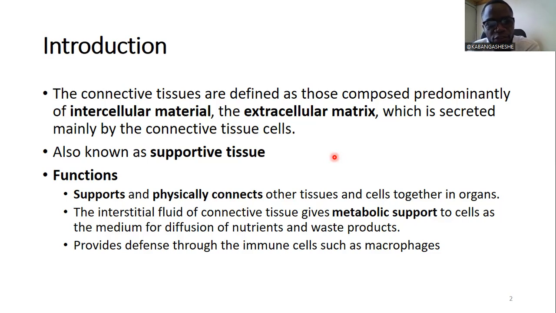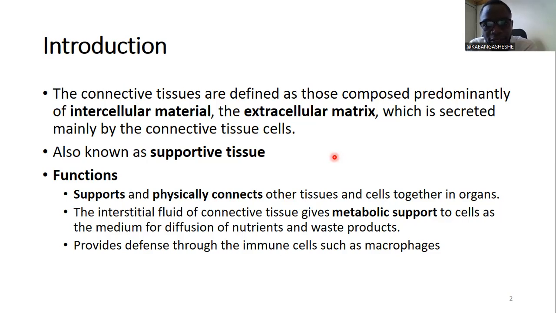But in this tissue, cells are wide apart. Therefore, the space in between cells is significant. In epithelial tissue, the space is very minute, but here the space is wide, and that space in between cells, we call it the extracellular matrix. If you like, you can call it interstitial space.